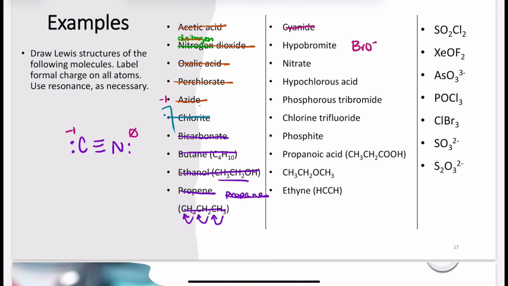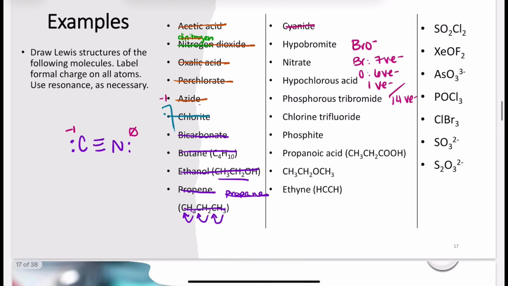Hypobromite. Hypo means BrO minus. So bromine, 7 valence electrons. Oxygen, 6 valence electrons, plus 1 extra valence electron. Overall, 14 valence electrons.